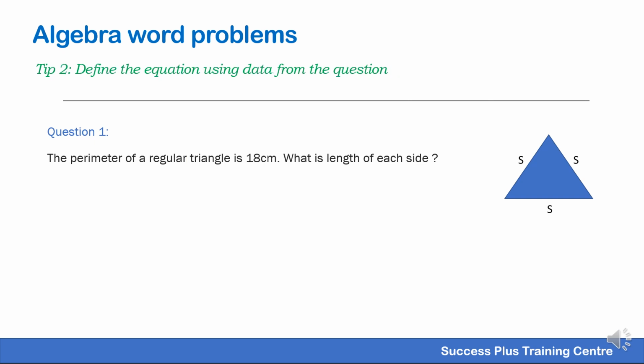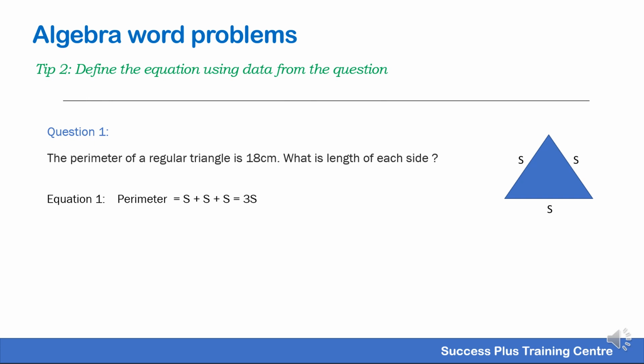Tip number 2. Define the equation using data from the question. After I found my clue, I need to define my equation. To define my equation, I need to find a word in the question that would help me define my equation. In this question, the word perimeter should help me define my equation. Now I know to find my perimeter, I need to add all sides together.